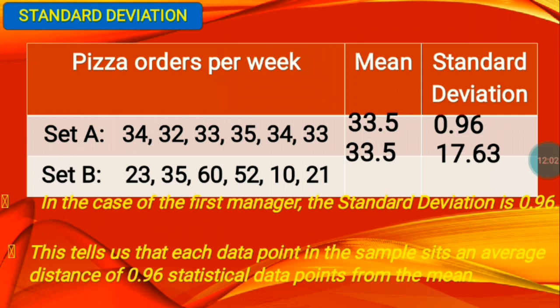In the case of the first manager, the standard deviation is only 0.96. This tells us that each data point in the sample sits an average distance of 0.96 from the mean. So the data are clustered around the mean.